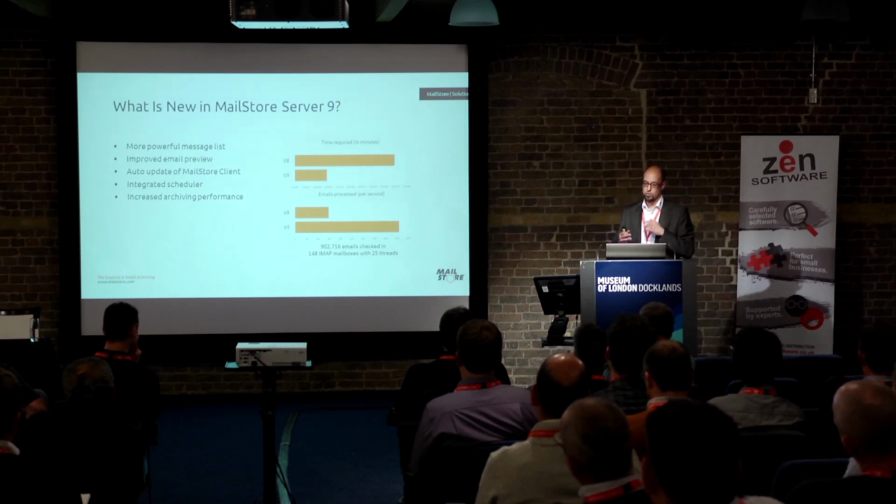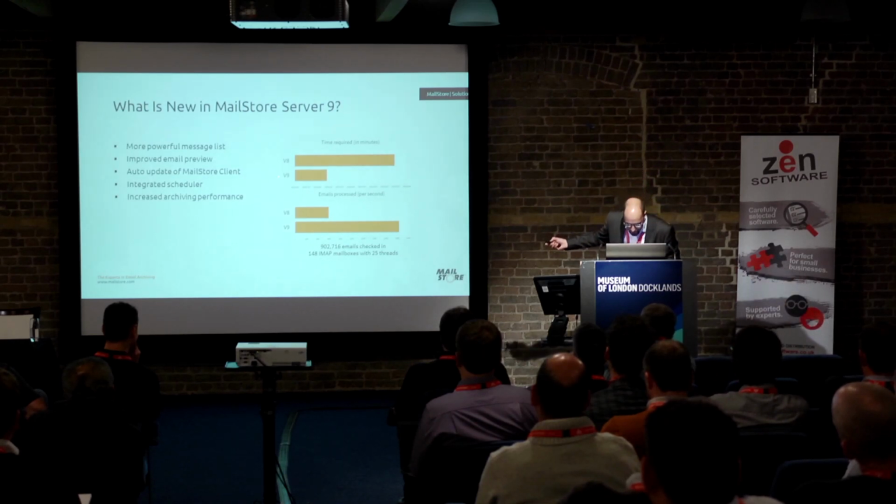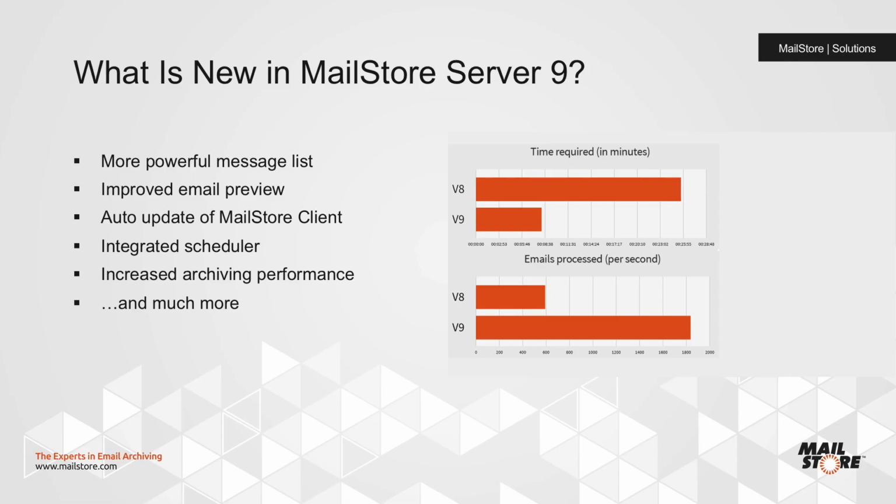Yeah? So it has to compare everything. And in version 8, it took about, I can't read it here on the screen, about 35 minutes. Yeah, that's about here, 35 minutes. And with version 9, we brought it down to about 8 and a half minutes. Yeah? So a dramatic increase of performance to check for new email.